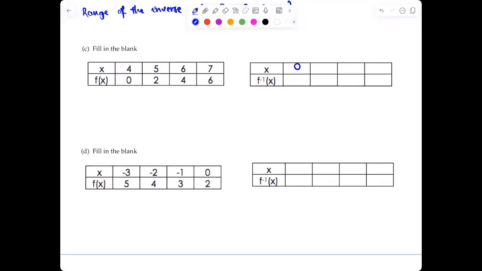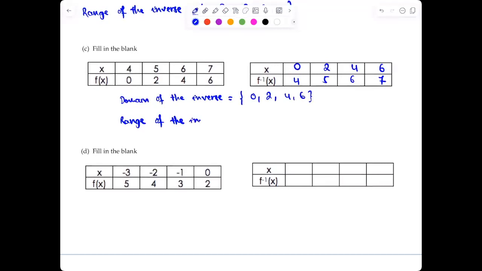So you have 0, 2, 4, 6 and the inverse 4, 5, 6, 7. And again, you're going to write the domain of the inverse: 0, 2, 4, 6. And the range of the inverse is 4, 5, 6, 7.